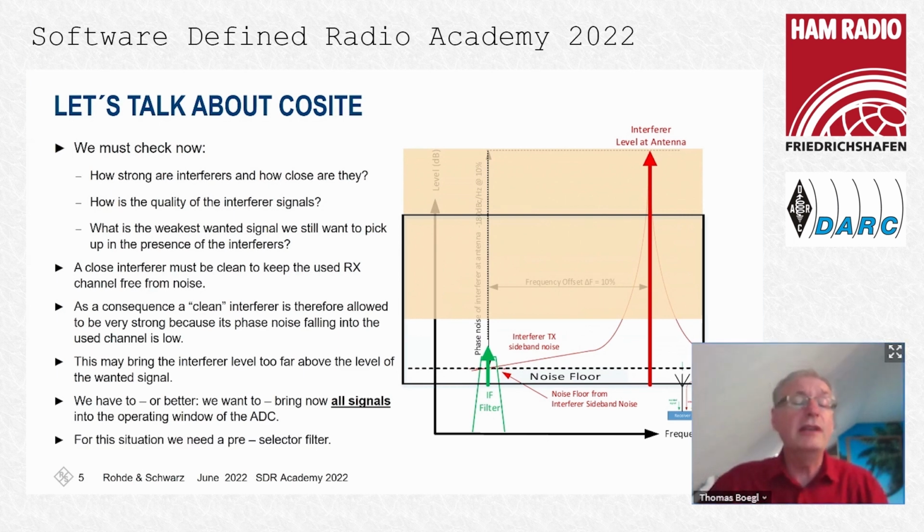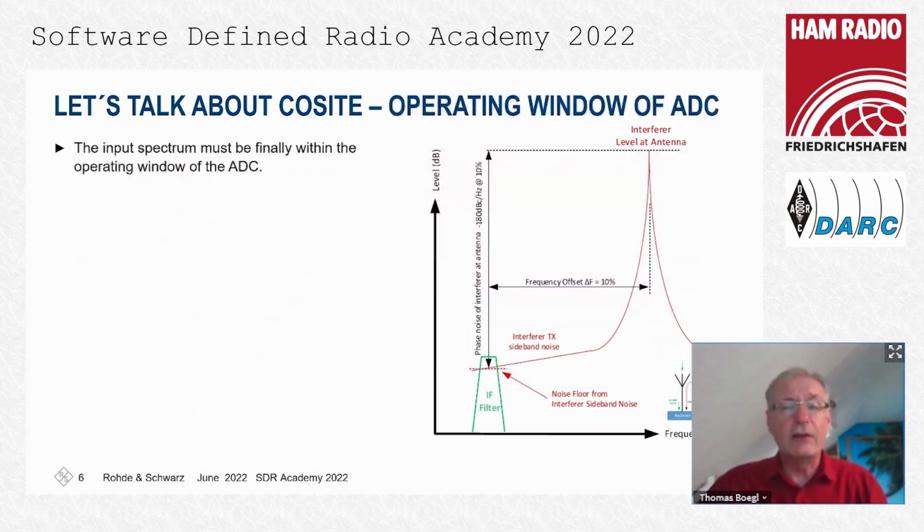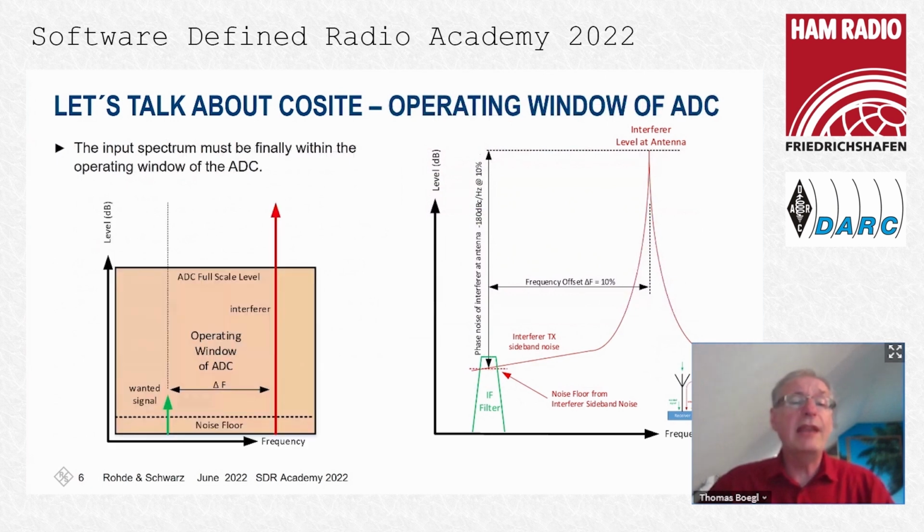And now let's look a bit more in detail at the preselector and what this thing is doing for our concept. So here we have our spectrum again. And now I'm placing the operating window of the ADC just side by side. So we have here the strong interferer. Here we have a weak wanted signal. And now we have to suppress this strong interferer by just introducing a selectivity.